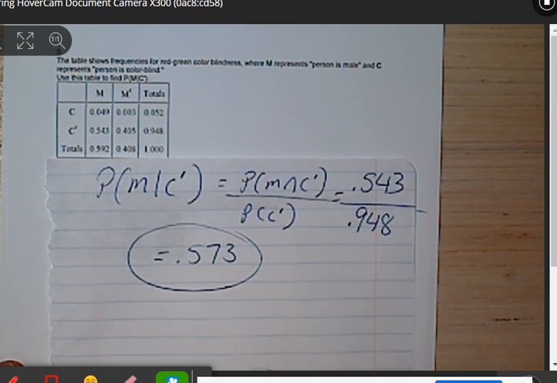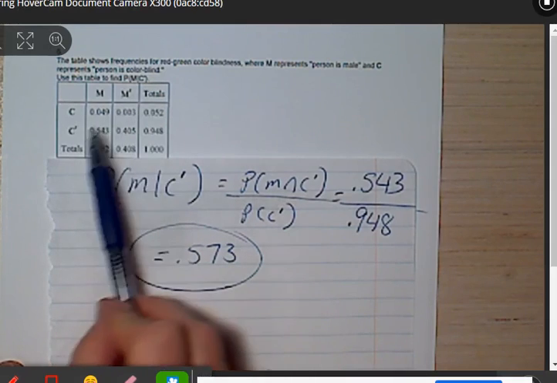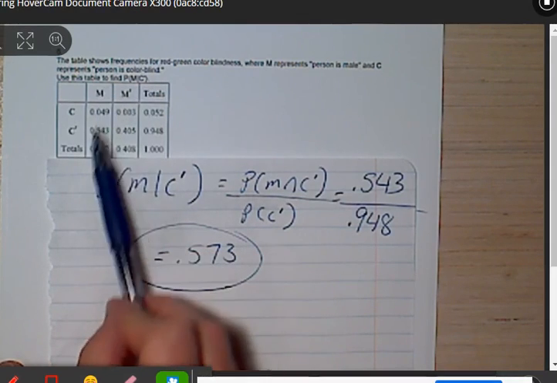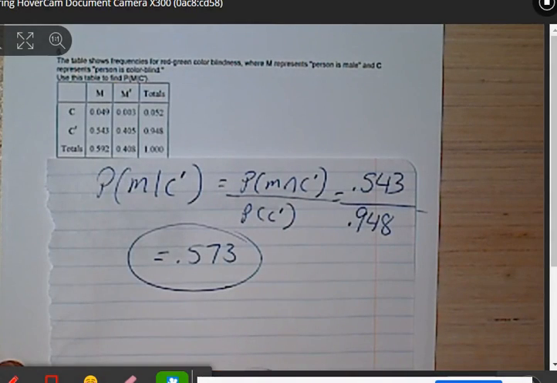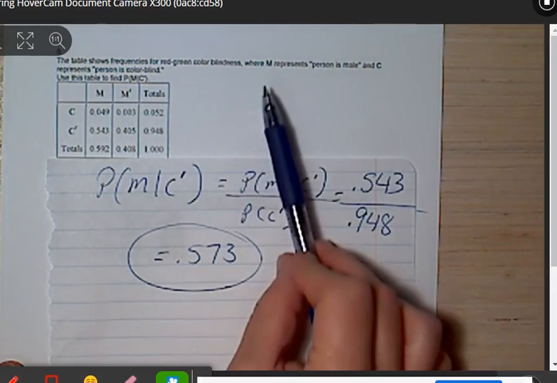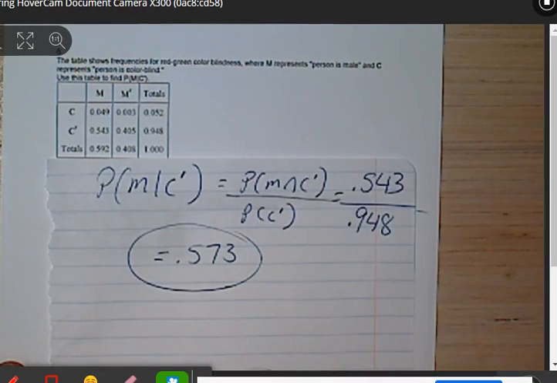They should always give you whatever probability they're looking for. So again, it's just finding the intersection of those two things you're asked to find, and then dividing it by the given part. So they'd say, what's the probability of being a male given that they're not colorblind?